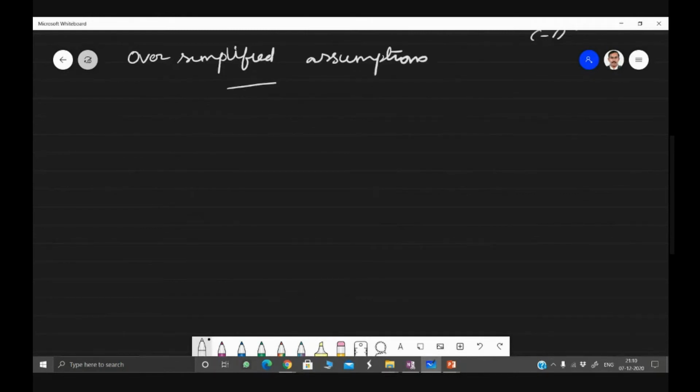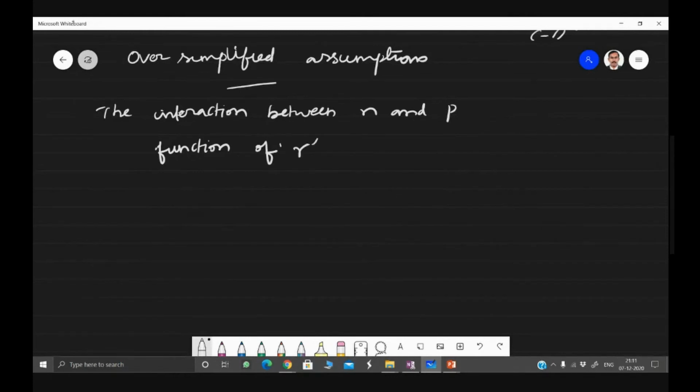In order to analyze the diatron, the interaction between neutron and proton is considered to be a function of R, the relative separation between N and P, the two nucleons which make the diatron system.